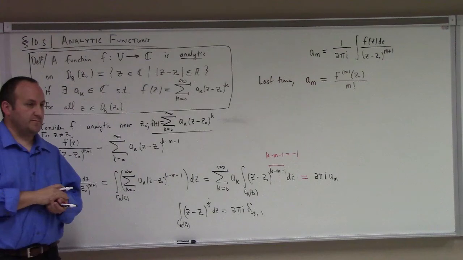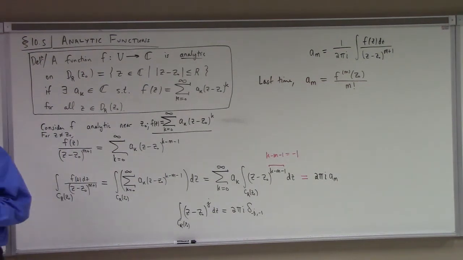So if you put what I just wrote in brown together with what I just somewhat suspiciously, I would say heuristically, derived, we have what? Cauchy's generalized integral formula.